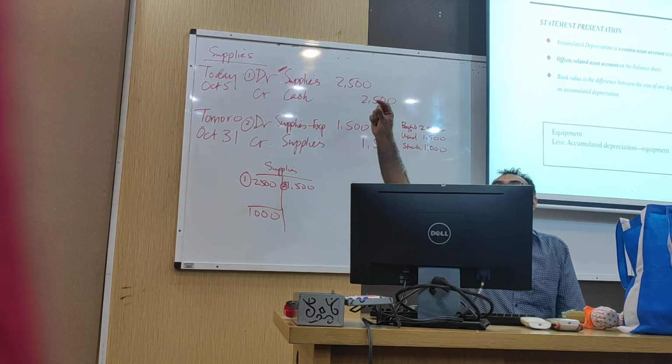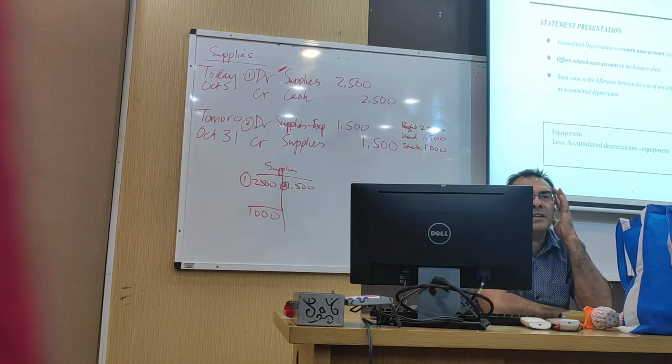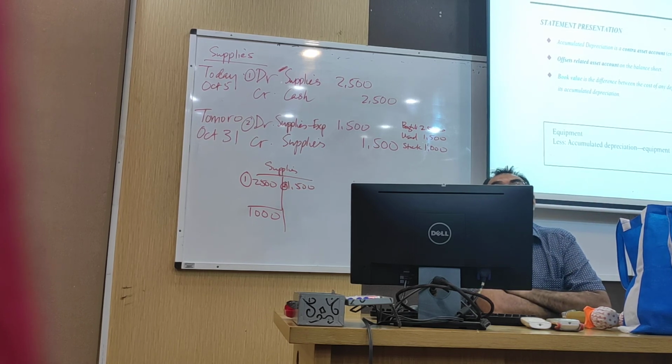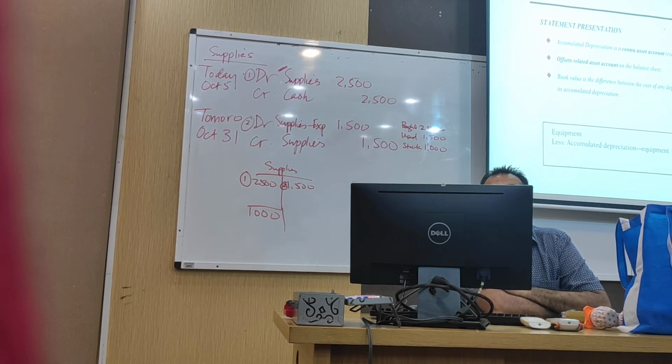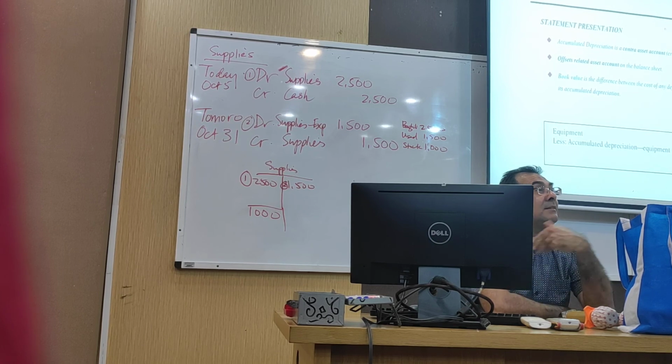I keep the cost unchanged, but I have another account called accumulated depreciation that keeps track of the monthly depreciation charge, such that when I have completely depreciated the asset, it will be zero.